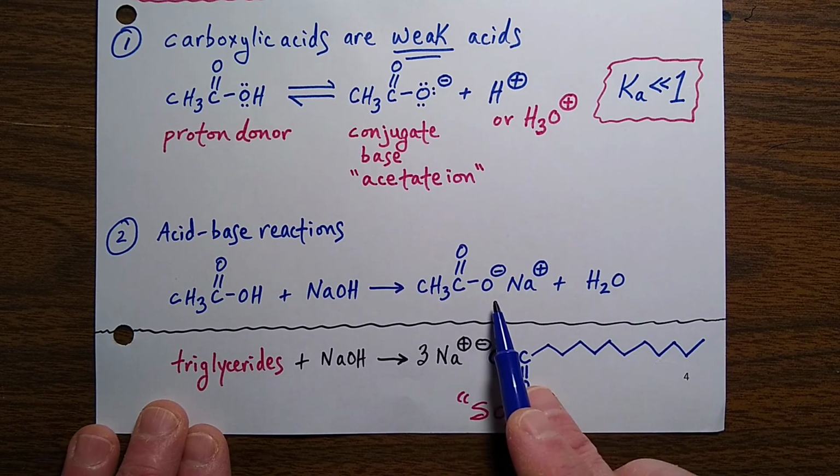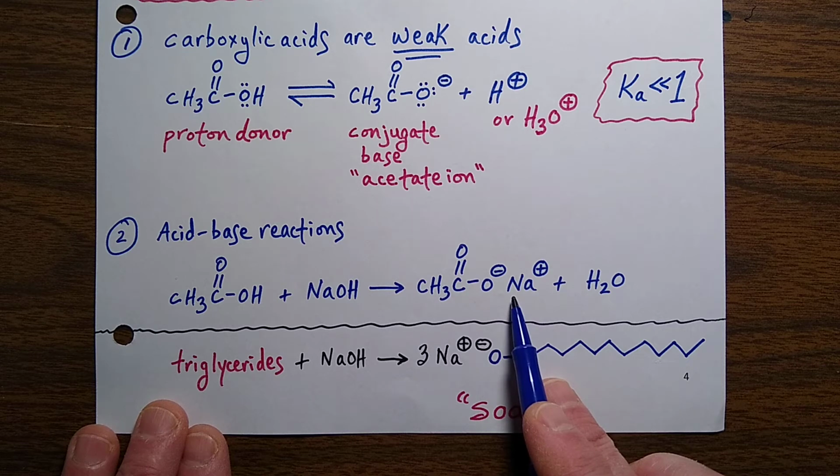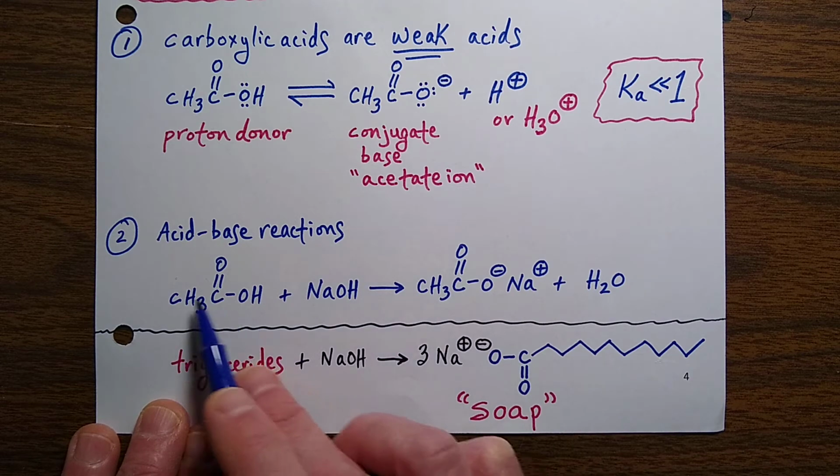That is used for when we want to maybe convert a carboxylic acid to a solid compound or a crystalline compound to use in, for instance, drugs or food preservatives. We might want to convert them into a solid form instead of a liquid form.